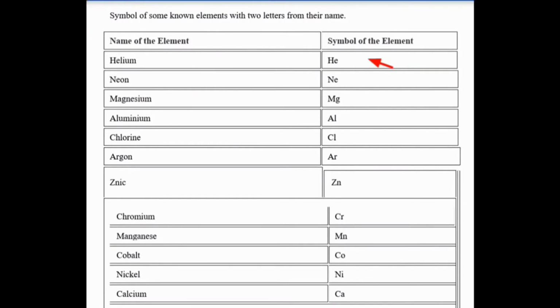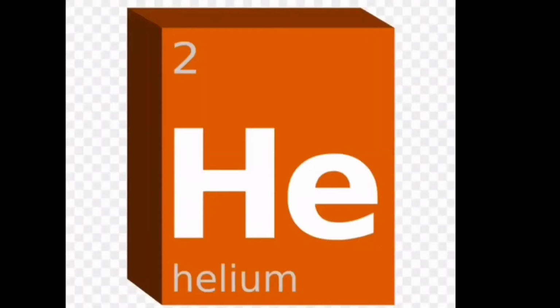For example, hydrogen has the first letter H. Again, helium's first letter is also H. So to avoid confusion, hydrogen has the symbol H and helium has the symbol He. When writing He, H is capital and e is small.